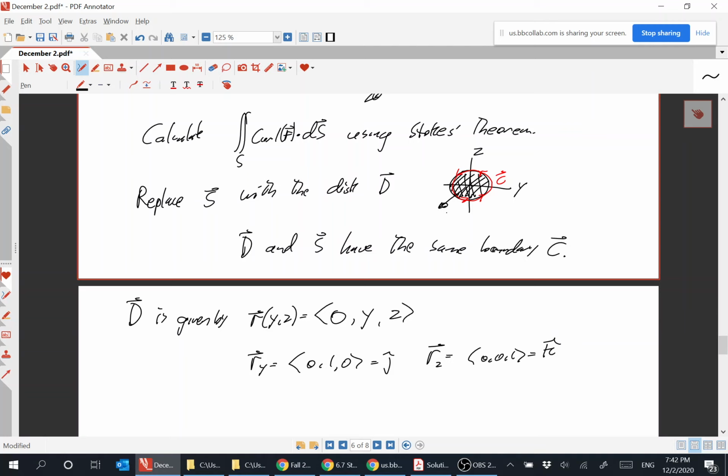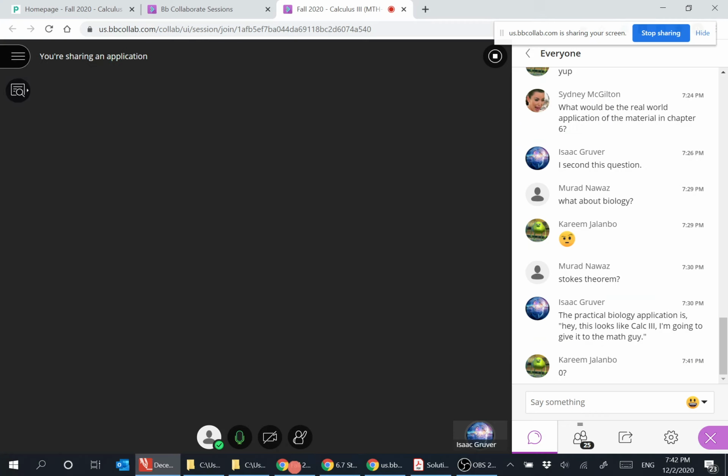Use your right hand. Curl your fingers in the direction from y to z or z to y. Which one's the right one? Y to z, yeah?